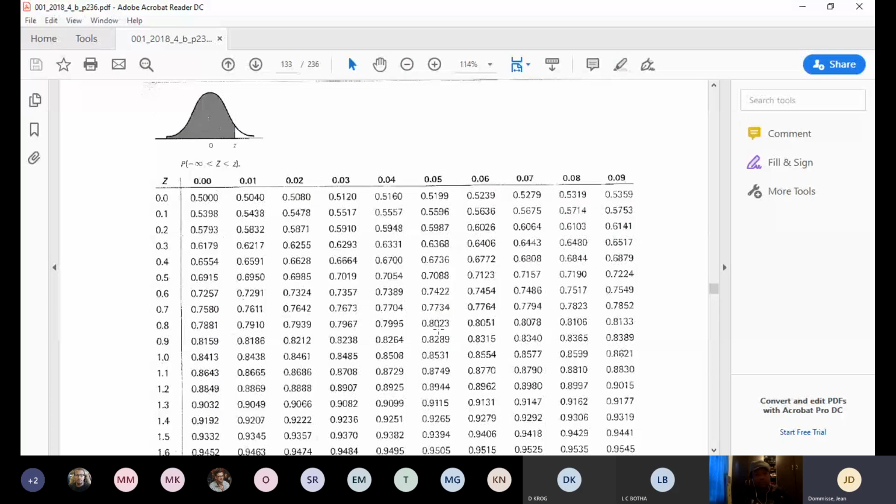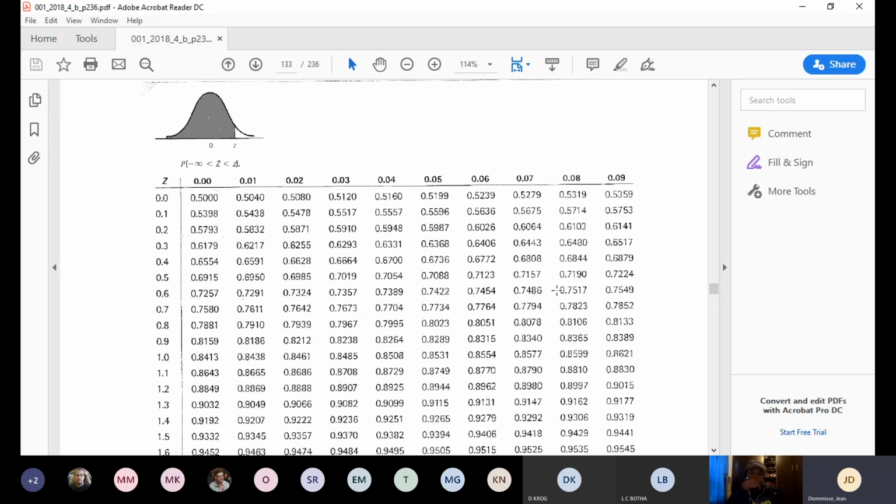Okay, so we need to look for a probability of 0.75. When I look at this, I'm like, okay, 0.74, 0.74, 0.74, 0.75. So nearly in between these two is my 0.75.